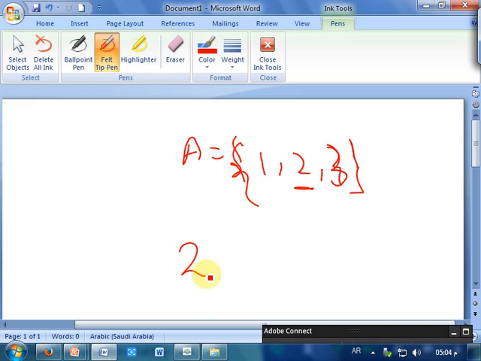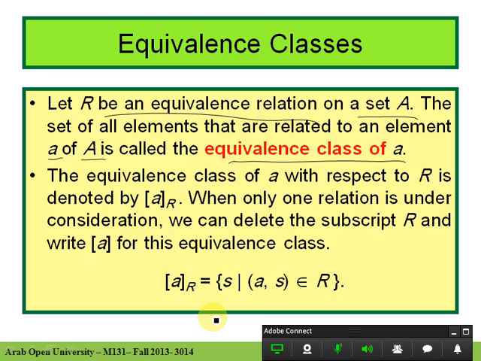All the elements related to 2 on some condition, we write the relation based on some condition, right? All the elements related to 2 on that condition of the relation is called the equivalence class of 2. We'll take an example here to understand this.